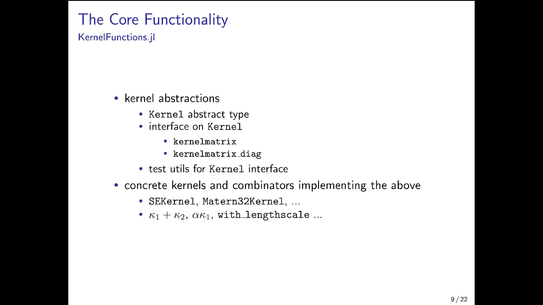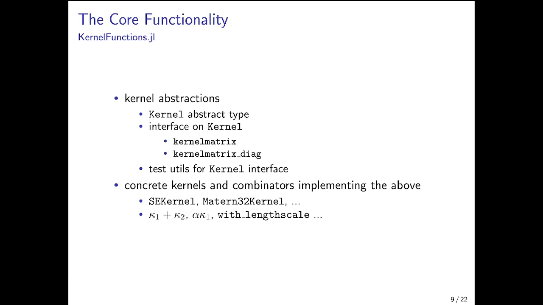It's essentially two functions and also their mutating versions. kernelmatrix takes a kernel, takes two collections of inputs, and returns the corresponding kernel matrix. kernelmatrix_diag does the same thing as kernelmatrix, but it only returns the diagonal. And that's needed for computational reasons. For example, in AbstractGPs, it's really important to be able to just compute the diagonal of the kernel matrix.